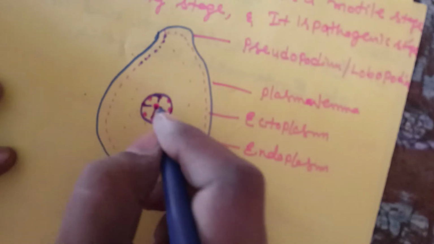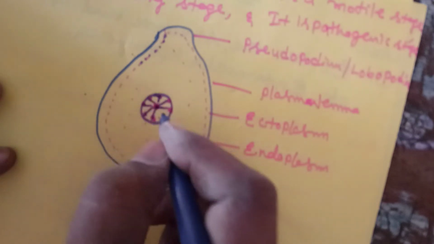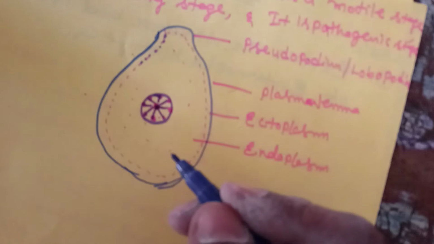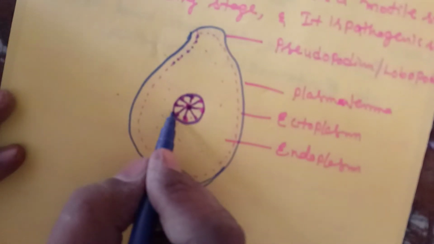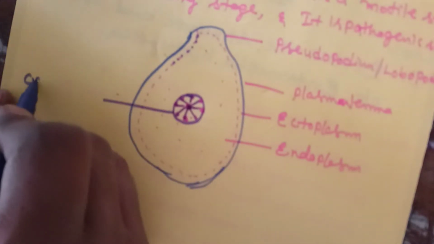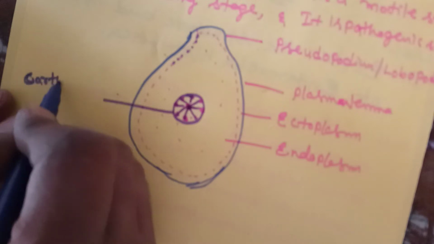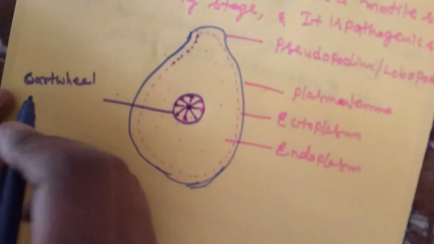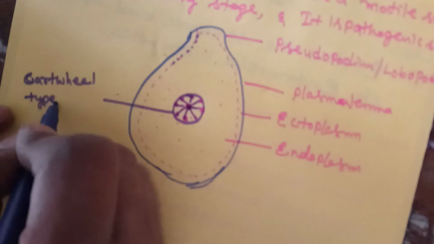Finally it looks like a cartwheel type of nucleus.